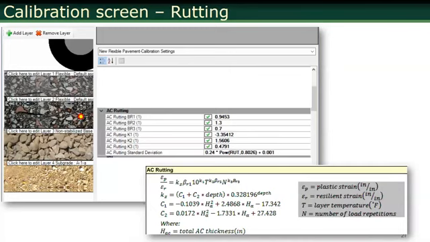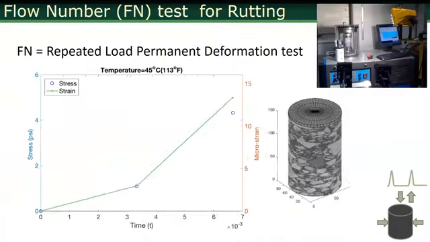Everything is based on the strain at the center of each asphalt layer in the vertical direction. The resilient strains in the equation are the compressive strains at the center of each layer, and they are used to calculate the plastic deformation in each asphalt layer.